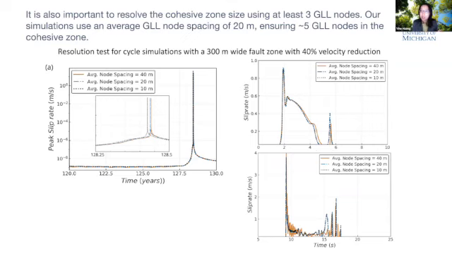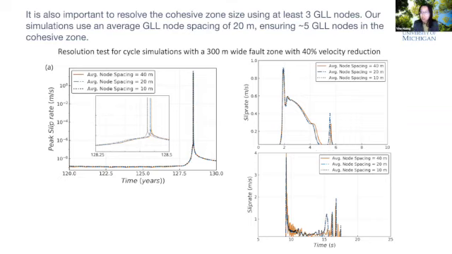So besides the nucleation size, we also want to make sure that the cohesive zone size is well resolved as well. So here in the simulations, we have tested different resolutions, and we find that a GLL node spacing of 20 meter can ensure that we have 5 GLL nodes inside the cohesive zone.